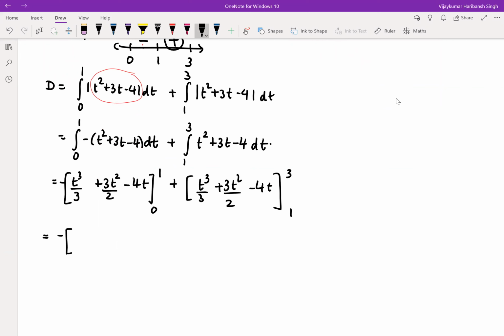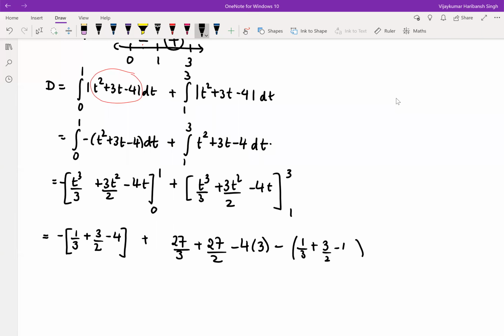So minus of 1 by 3 plus 3 by 2 minus 4, plus, now in this case, we have to substitute upper limit minus lower limit. So when you put the upper limit, you get 27 by 3 plus 3 times 3 square, which is 27 by 2, minus 4 times 3, which is 12, minus, again, this thing with the minus sign, we have 1 by 3 plus 3 by 2 minus 4.